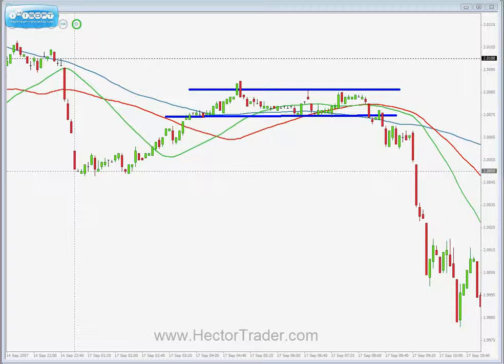As usual, there are two ways to take the entry on the breakout of this congestion area. One, the aggressive way, which we've already reviewed on a previous video: you simply place a sell stop order, 5-10 pips, depending on what time frame you're trading, below the lower band of the congestion area, and as the breakout takes place, you will be automatically filled short in this trade. Or you wait for the breakout pullback continuation.